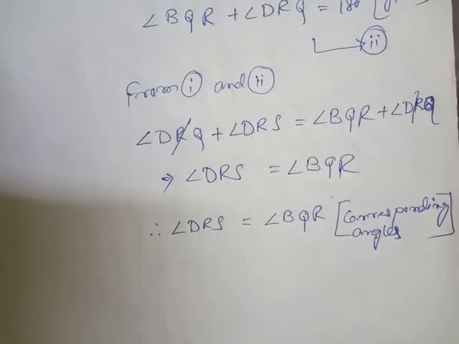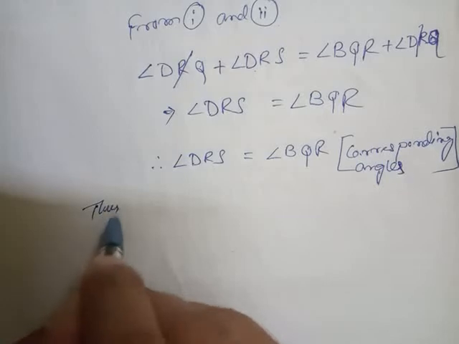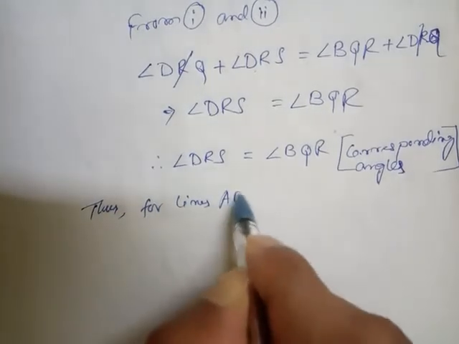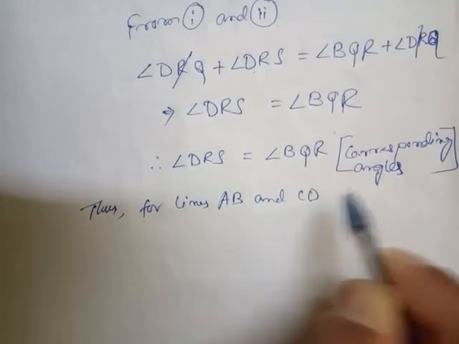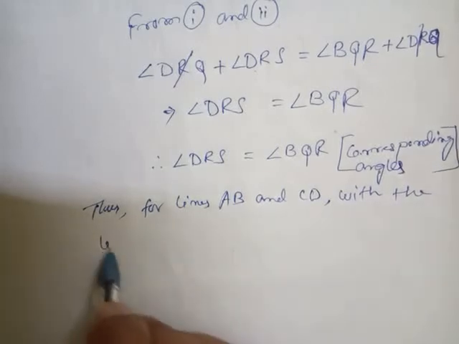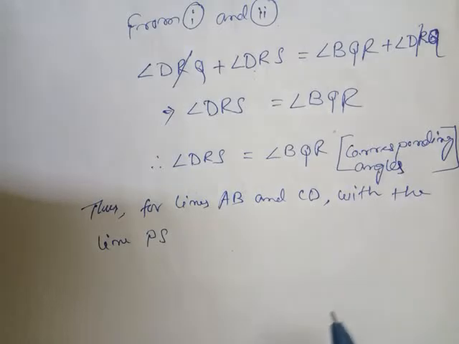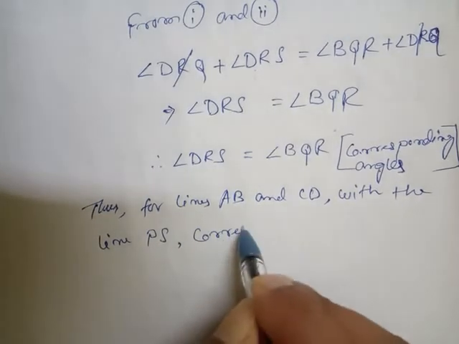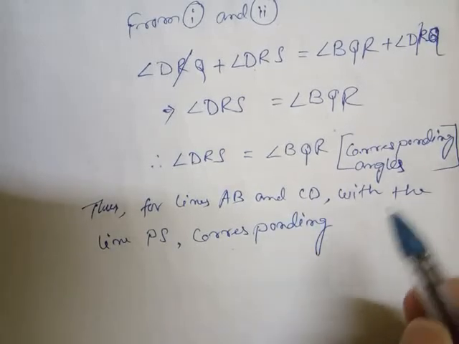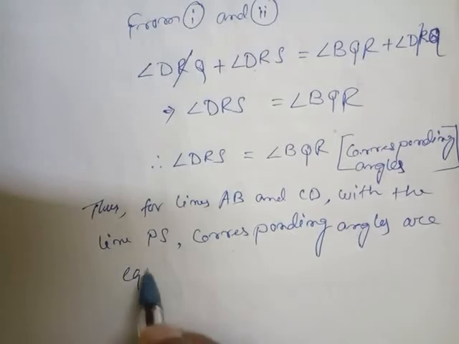Now look, after that the last line will be like this. Thus, for lines AB and CD with the transversal PS, corresponding angles are equal.